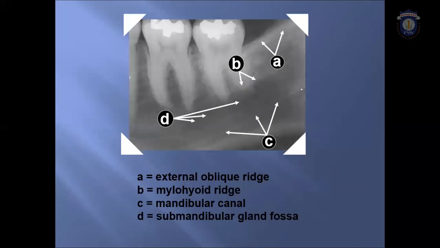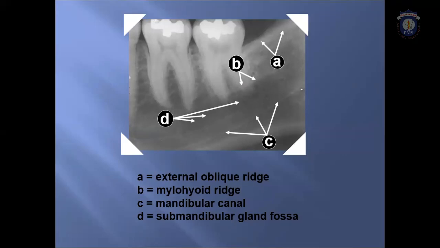So here we can see both the ridges as well as the fossa and the mandibular canal. C is the mandibular canal, which is bordered by a thin radiopaque rim, both in the superior and inferior aspect.